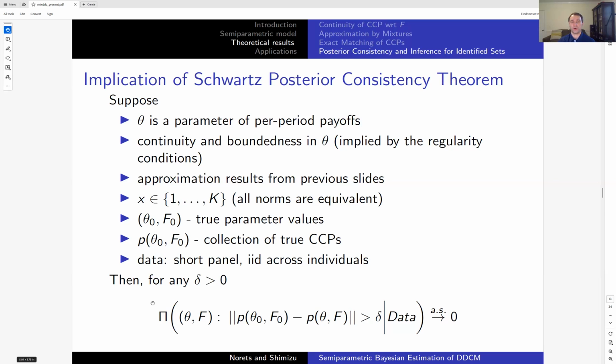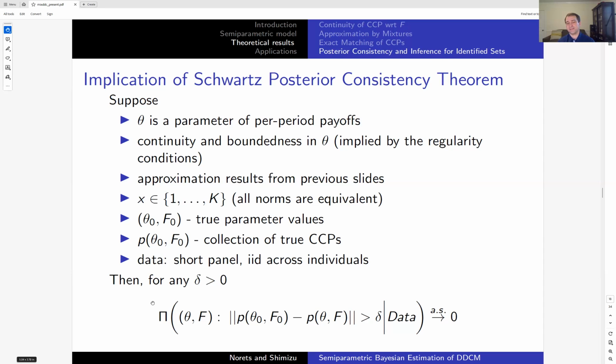All we have to show is that our prior puts enough mass around theta naught and also around f naught, and we have this approximation result and continuity. So it's really just a straightforward implication. Then the Schwartz posterior consistency theorem implies that in weak topology, we have this consistency, but weak topology here is basically equivalent to anything else.